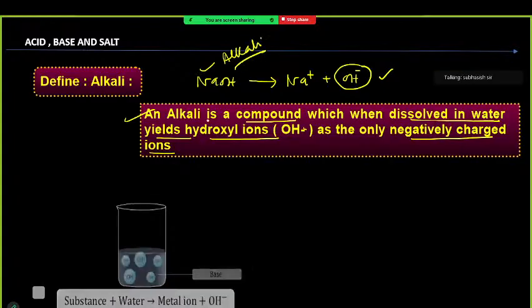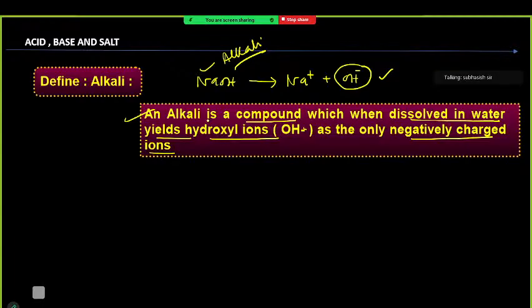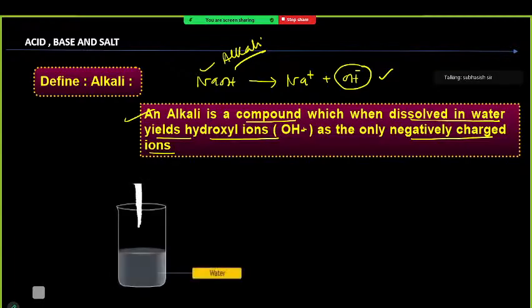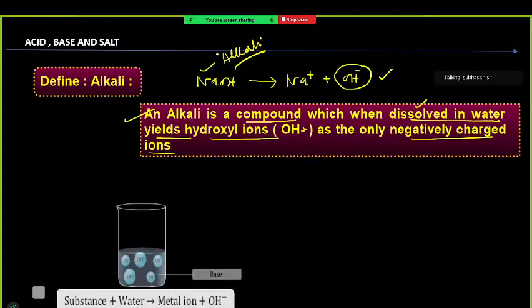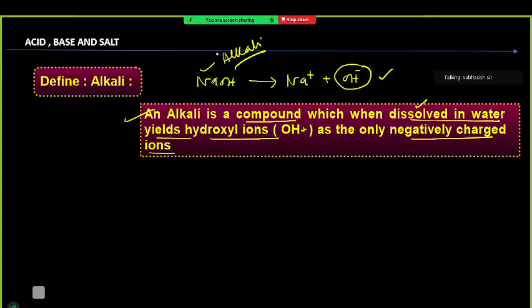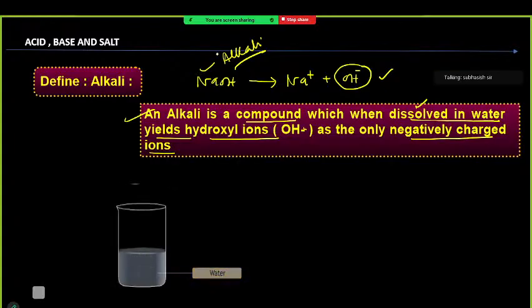So alkali is such a compound which, when dissolved in water, must be dissolved in water. So the primary criteria of any alkali is it must be dissolved in water. It must be a metal hydroxide also, but it must be dissolved in water, and it should produce the hydroxyl ion as the only negatively charged ion.